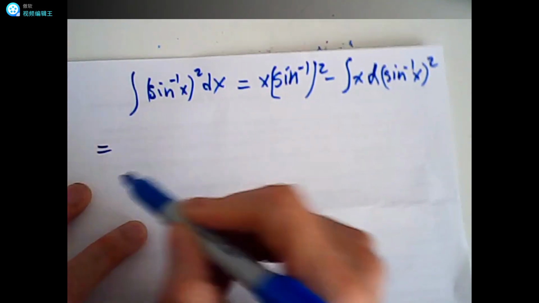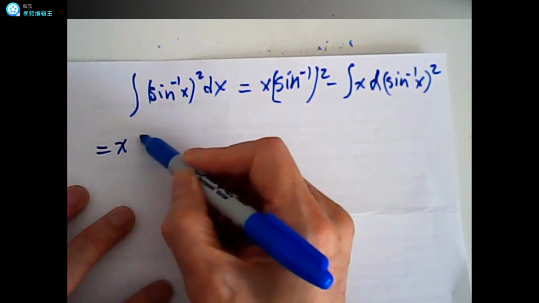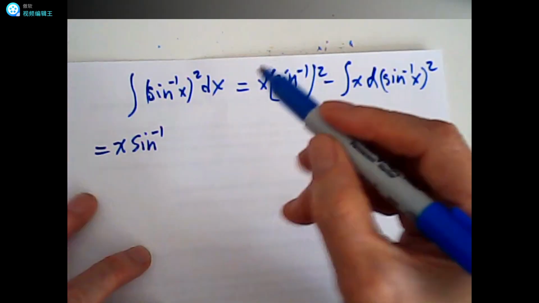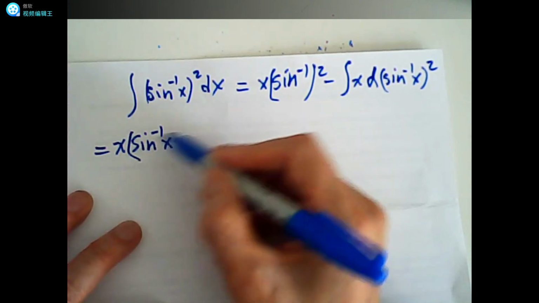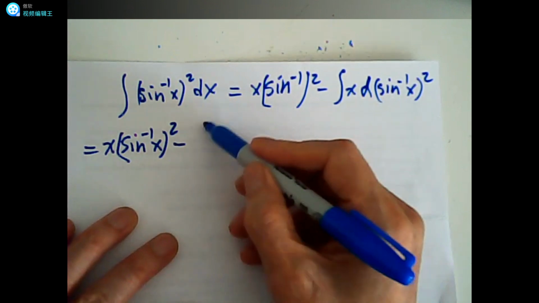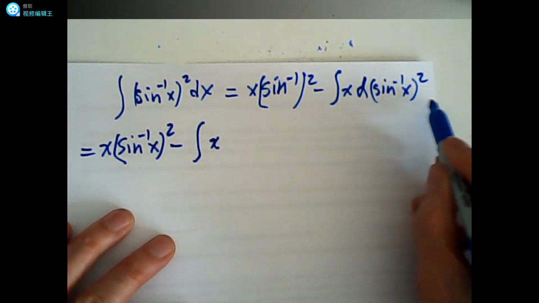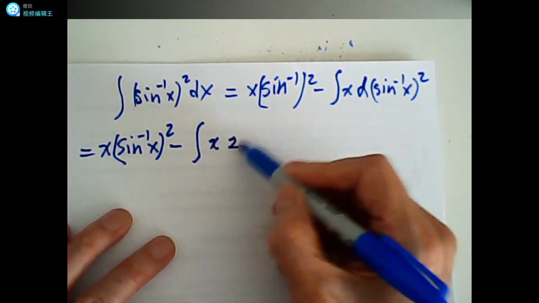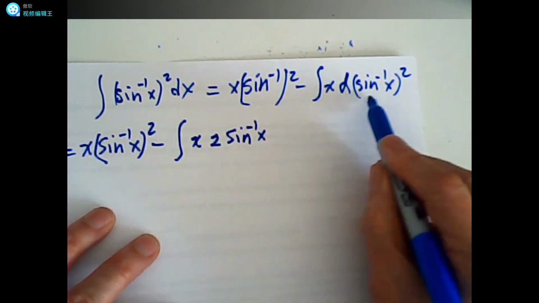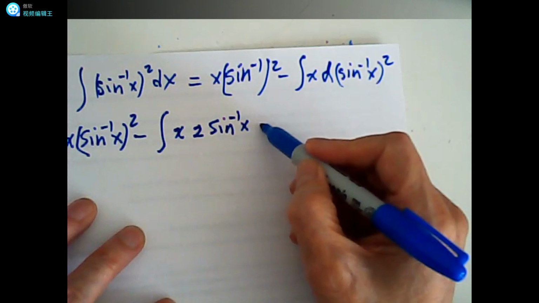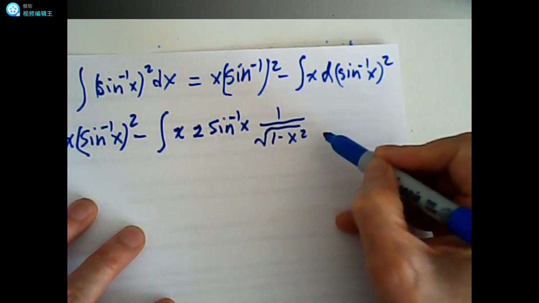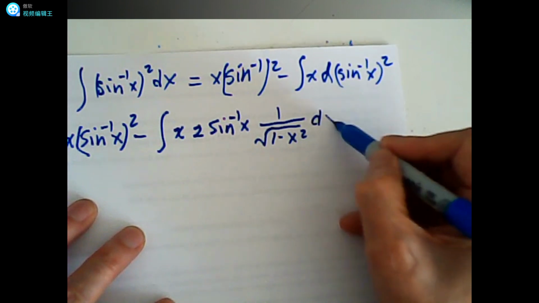Now this one is equal to x arcsine x squared minus the integral of x times 2 arcsine x times the derivative of arcsine, which is 1 over the square root of 1 minus x squared, dx.